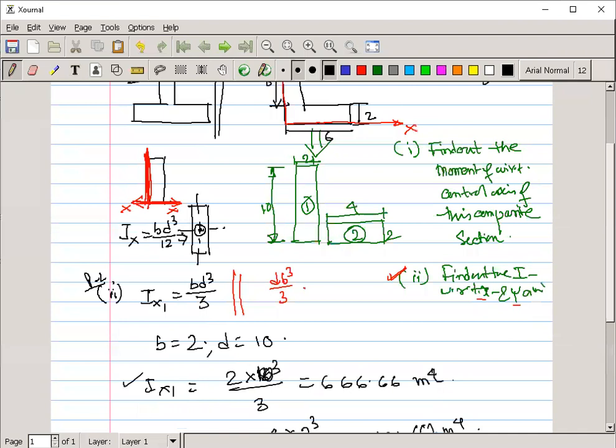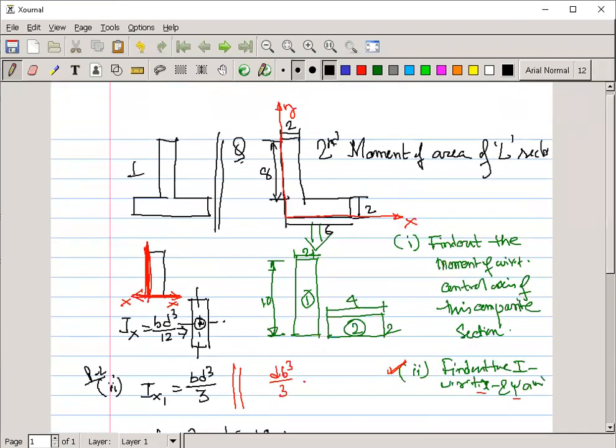That is the problem. See, this body 2, section 2, is not attached with the y-axis, right? We can apply this bd cube by 3 when that body is attached with the x and y axes. This is the rectangle, and this formula is applicable when the axis is attached with this rectangle, right?